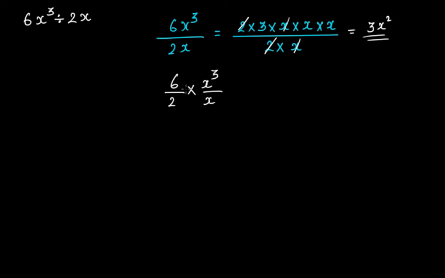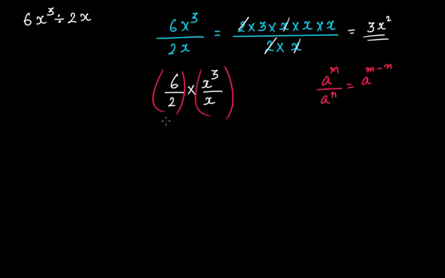Any problem? Because this is basically 6 multiplied by x cubed and 2 multiplied by x, because whenever you are dealing with two fractions or rational numbers, you multiply the numerators together and you multiply the denominators together. Now this is 6 by 2, divide this together. This is x cubed by x, divide this together. It's of the form a raised to power of m divided by a raised to power of n, that is equal to a raised to power of m minus n.